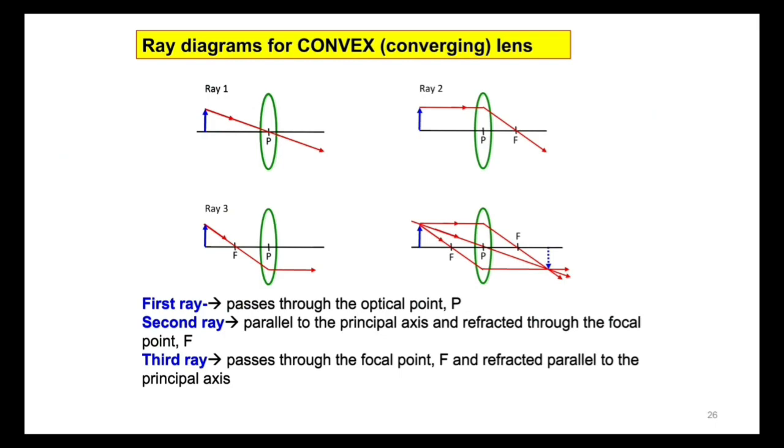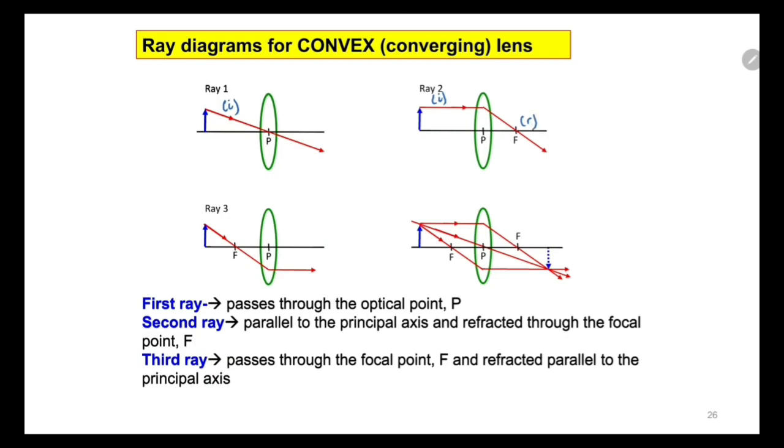Let's see how to draw a ray diagram for a convex lens. Like a mirror, we have three methods to draw a ray diagram. Method number 1, an incident ray that passes through the optical center, point P, will continue in a straight line. Method number 2, an incident ray that enters parallel to the principal axis will refract toward the focal point.